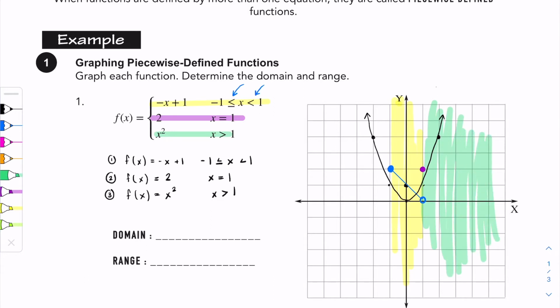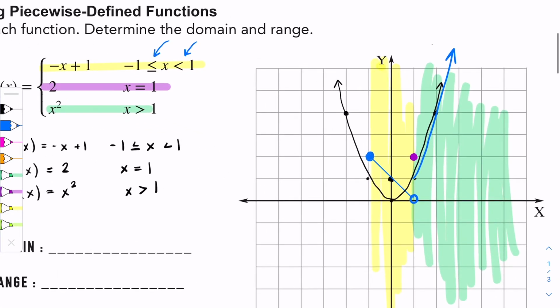So I can erase the rest of the graph and leave just from positive 1 on. Also note that at positive 1, it's going to be an open circle. The point is not included. I can erase the rest of the line.